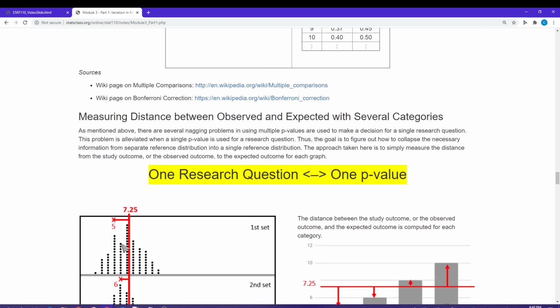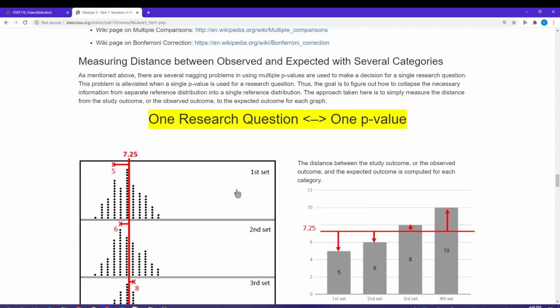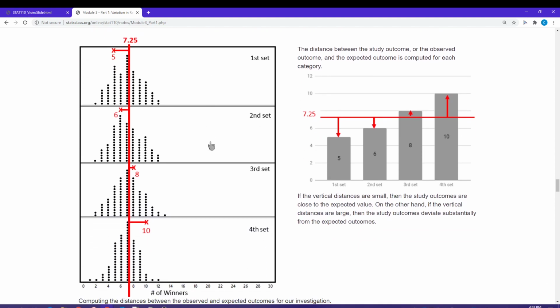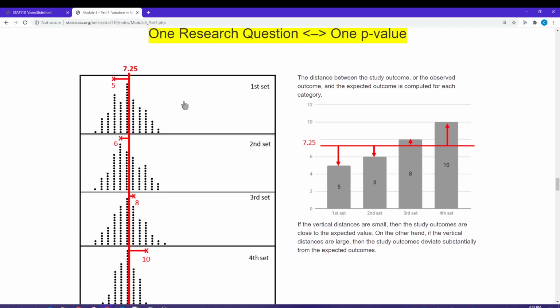Okay, so how are we going to do that? Well, the individual that came up with this test, his name was Karl Pearson, did the following. Instead of looking at the individual reference distributions, he decided to look at how far away each of the observed was from the expected.